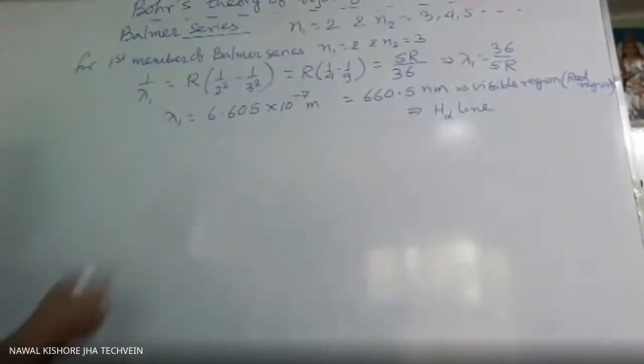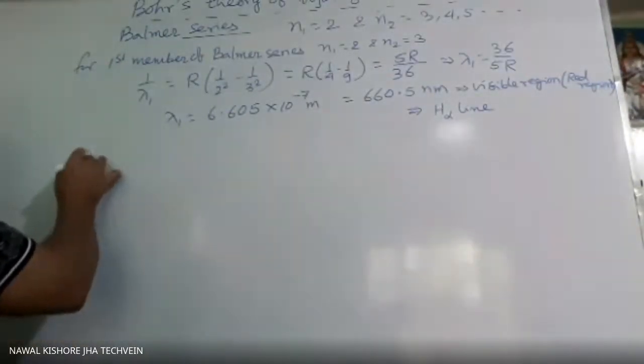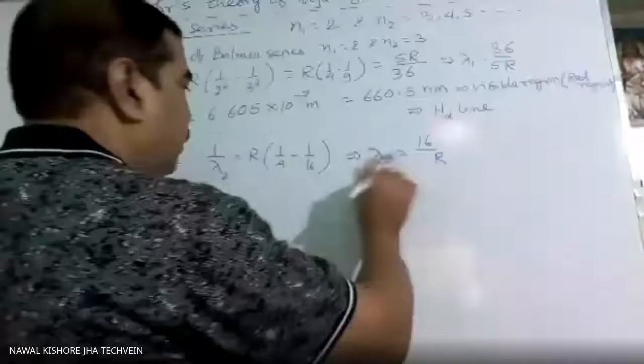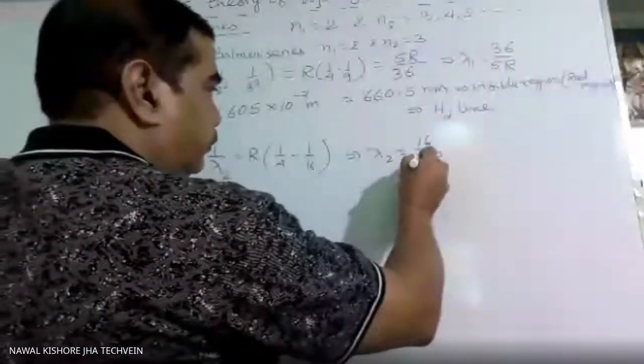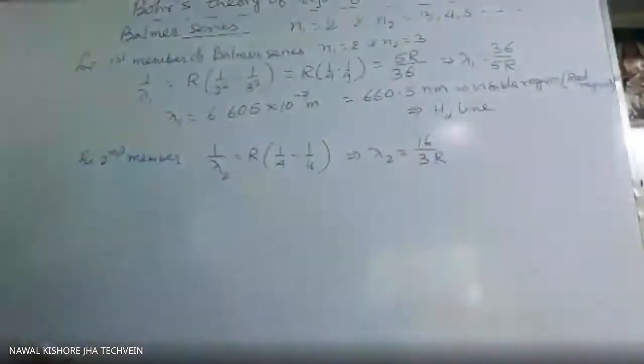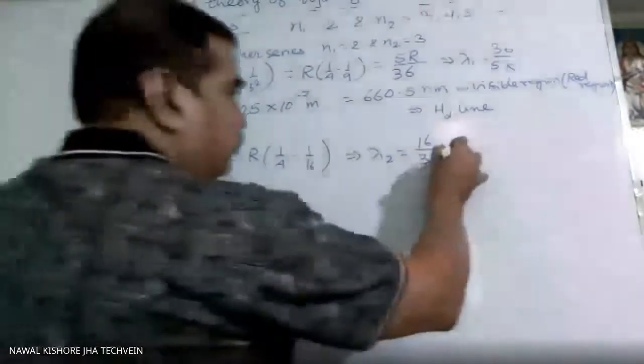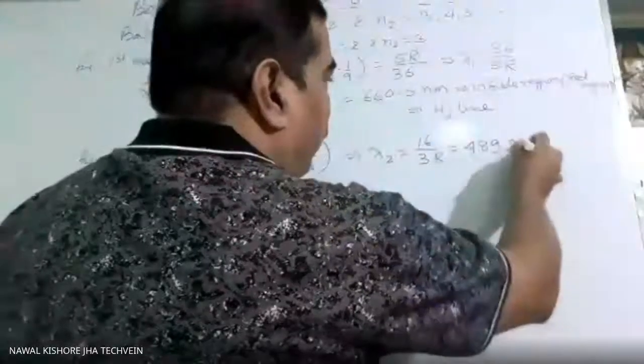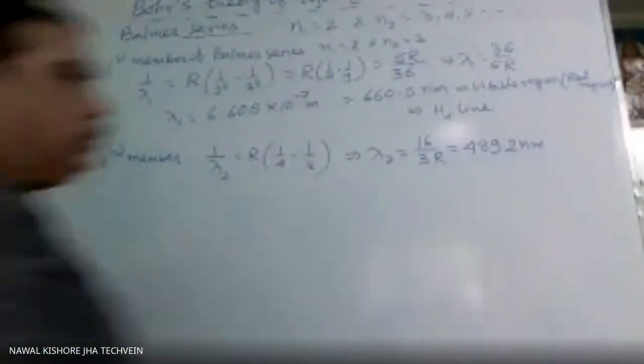For the second member, what will it be? It is 486.2 nanometer. This is also in the visible region. This light will appear in the blue region, we can say. This we call the H beta line. For the third member, it is 434.8, so 434.8 nanometer.